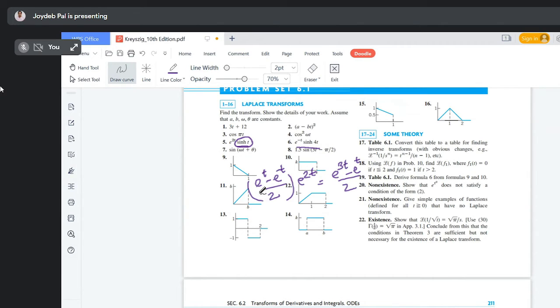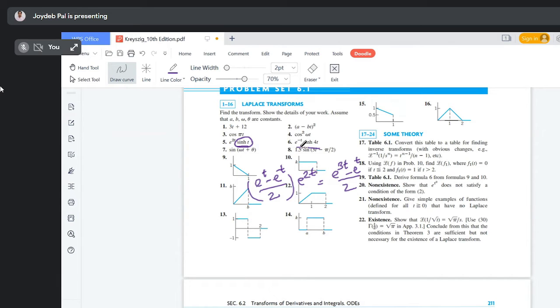I am doing some rough work. Therefore, e to the power 2t into sine hyperbolic t is basically e to the power 3t minus e to the power t divided by 2. Now you take the Laplace transform over it. You know the Laplace transform of e to the power 3t and of e to the power t.